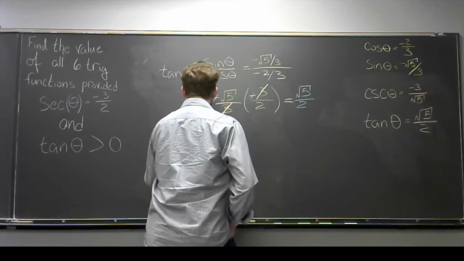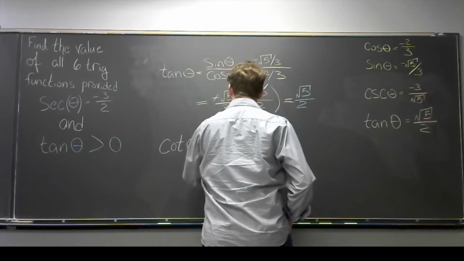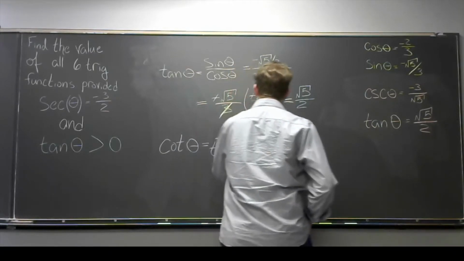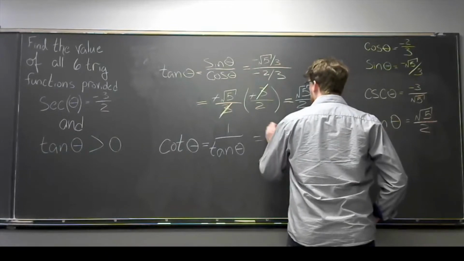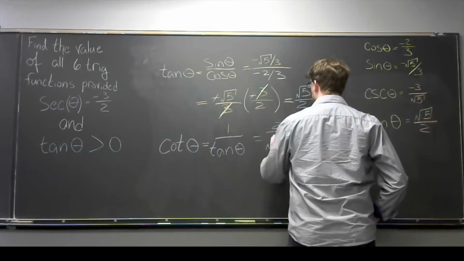Cotangent of theta is equal to 1 over tangent of theta, which is equal to 2 over square root of 5.